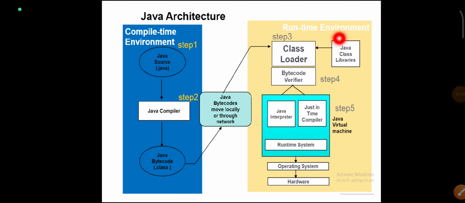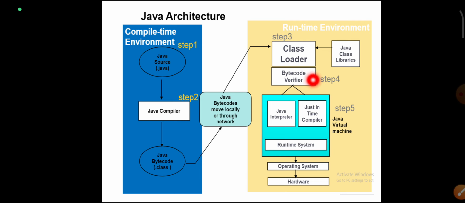In the runtime, in the Java virtual machine, the class loader is the subsystem of the Java virtual machine that is used to load the class files and also the Java class libraries whatever we are using in the source file. All of them will be loaded with the help of the class loader. Then verification of that bytecode takes place with the help of the bytecode verifier.